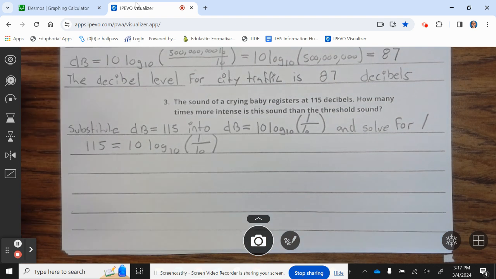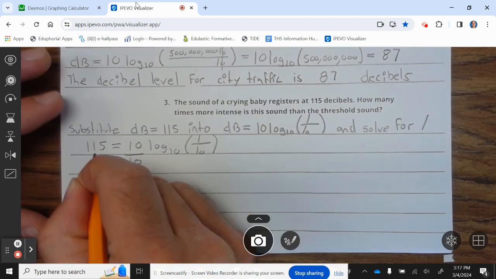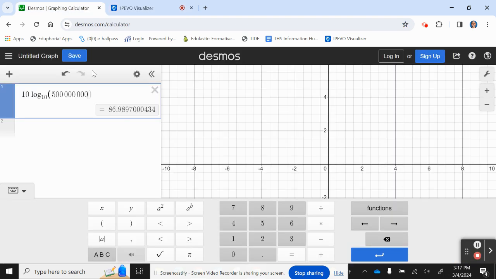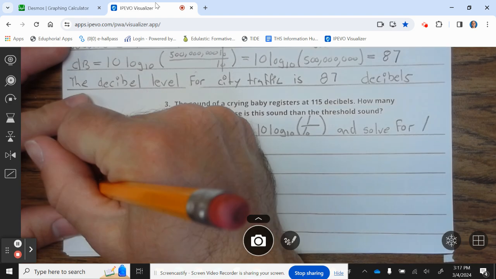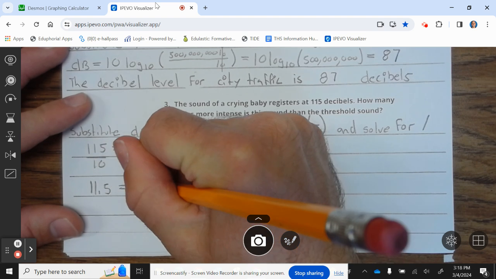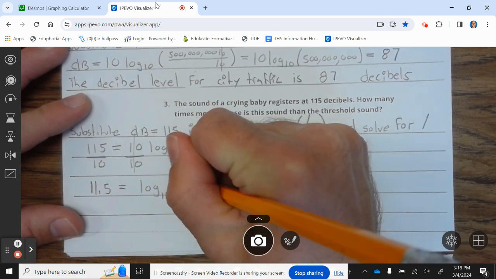Okay, so first step is we're going to divide both sides by 10. That becomes 1, and 115 divided by 10 is 11.5 equals log base 10 of L divided by L naught.